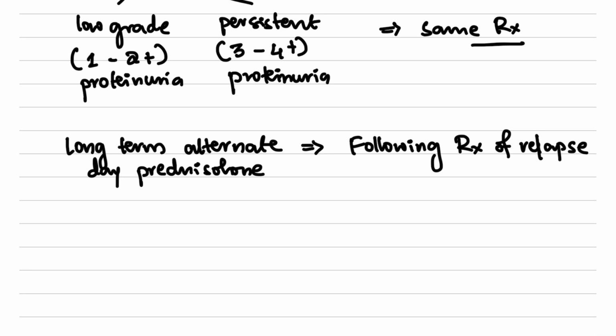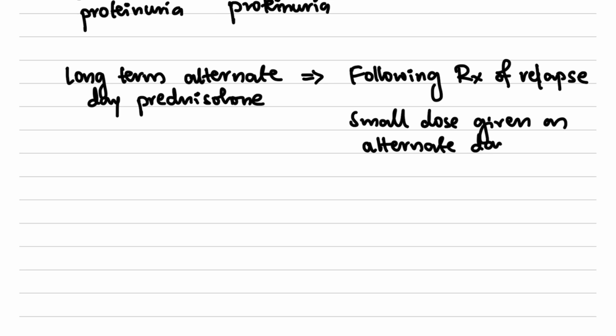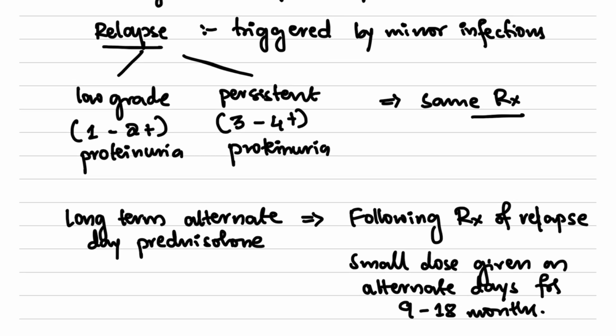After the treatment of the relapse, we can put the patient on long-term alternate day prednisolone. Usually a small dose is given on alternate days for up to 9 to 18 months. So this is the management of a relapse.